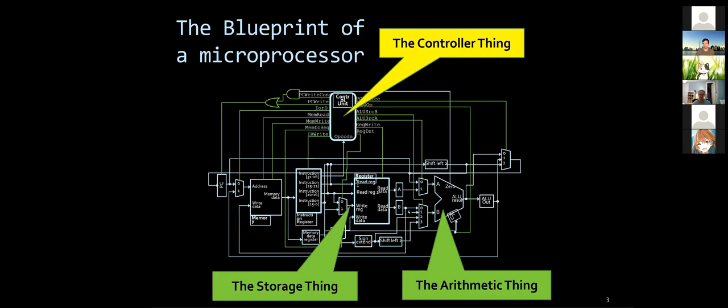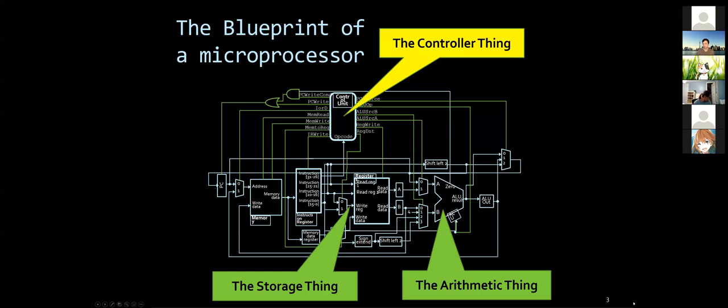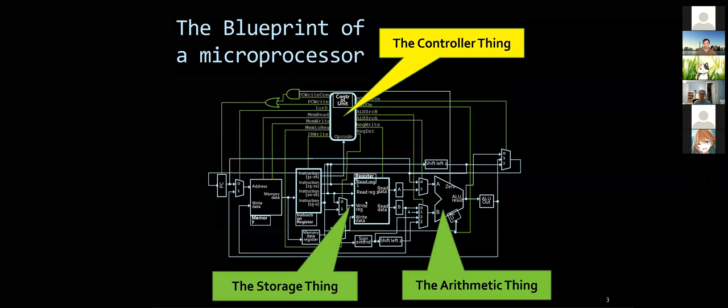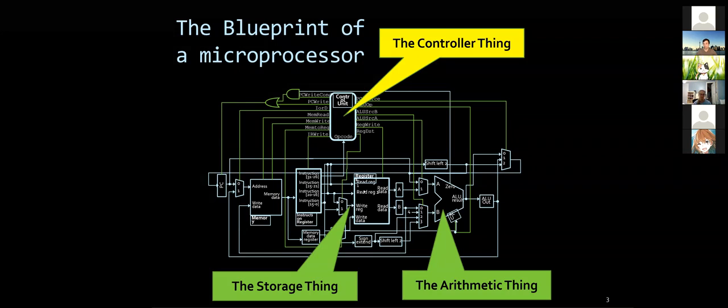Okay, can you guys hear me now? Yeah, so there is the arithmetic part where you do all the computation, and there is the storage part that tells us where to take information to do math, additions, multiplications, and all the other sophisticated computation that requires having data to manipulate.